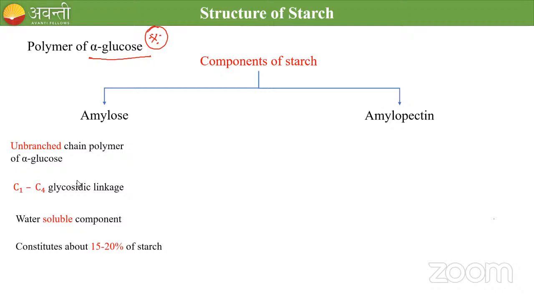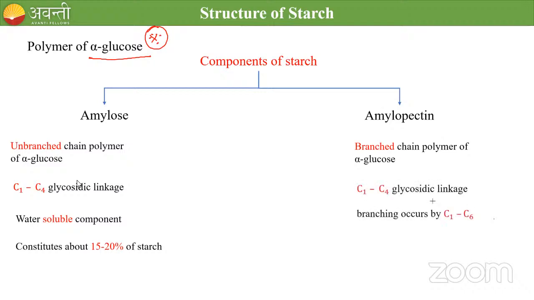On the other side, amylopectin is a branched chain polymer of alpha glucose. Here, in the glycosidic linkage, we have two types: one between C1 and C4, and the other between C1 and C6. So two glycosidic linkages are present in amylopectin.